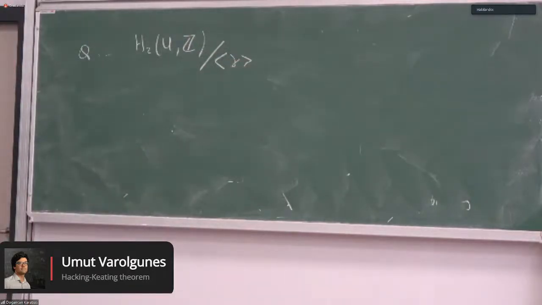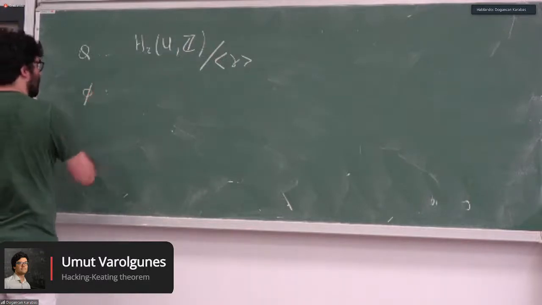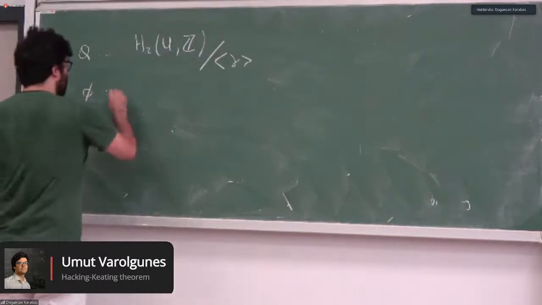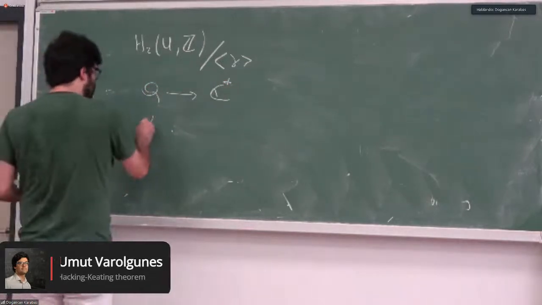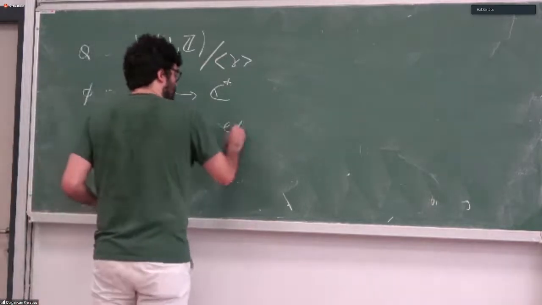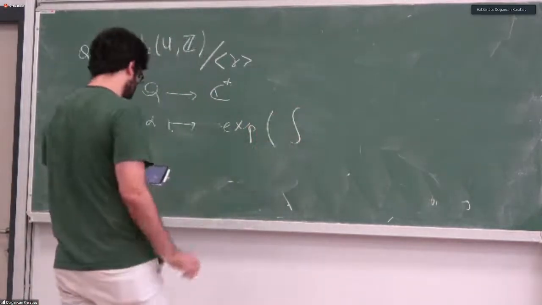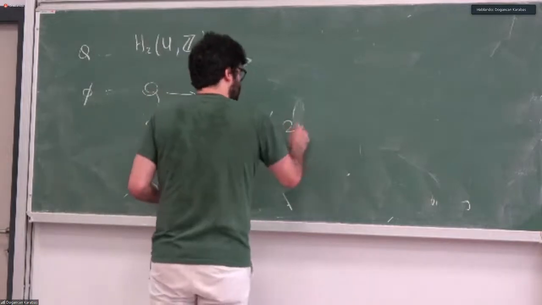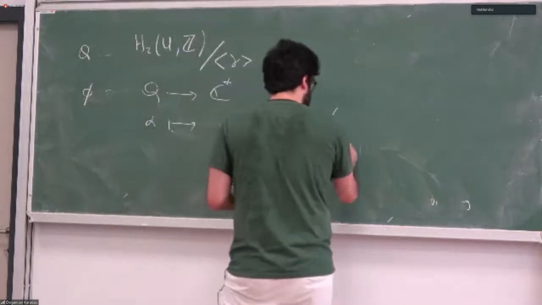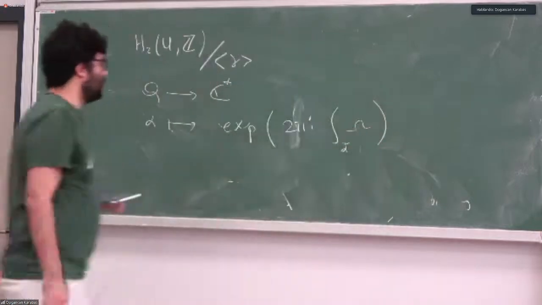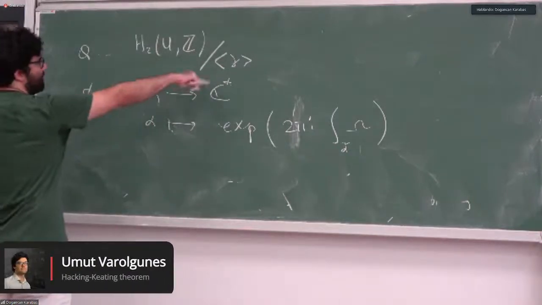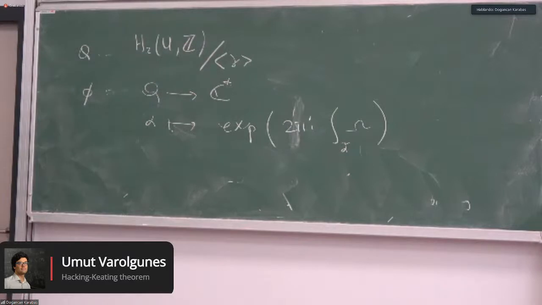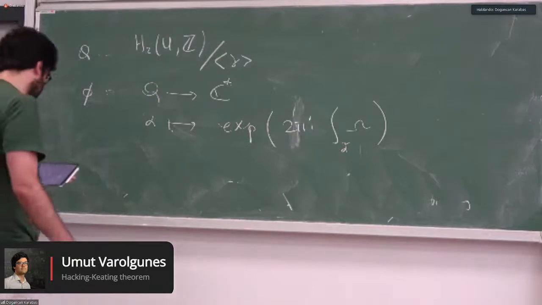And I can define a group homomorphism phi from Q to C star by taking an alpha and looking at the exponential of the period, maybe 2 pi i times the integral of alpha tilde against omega. Alpha tilde is just, I have an element alpha in this quotient, and I lift it in any way I want. The result doesn't depend on this lift.